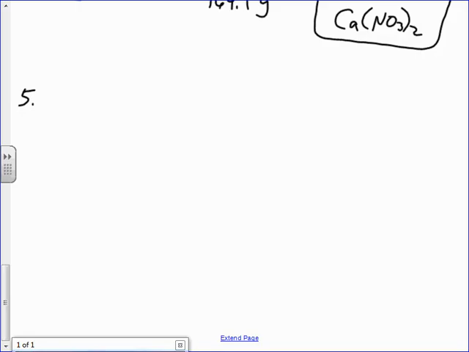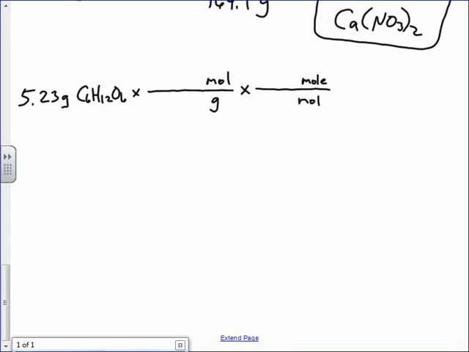Okay, so 5.23 grams of C6H12O6. Okay, and we want to know how many glucose molecules. Well, we can't go straight from grams to molecules, but we can go from grams to moles, and then we can go from moles to molecules. Okay? In 1 mole, there are 180 grams of C6H12O6.